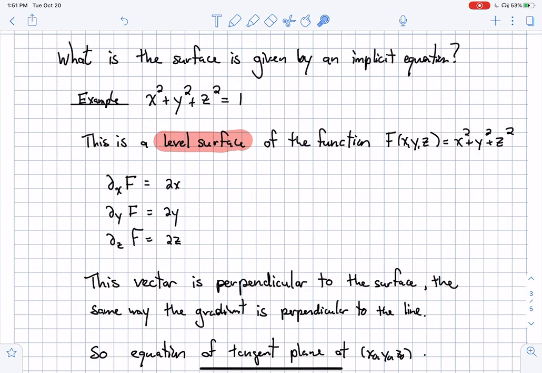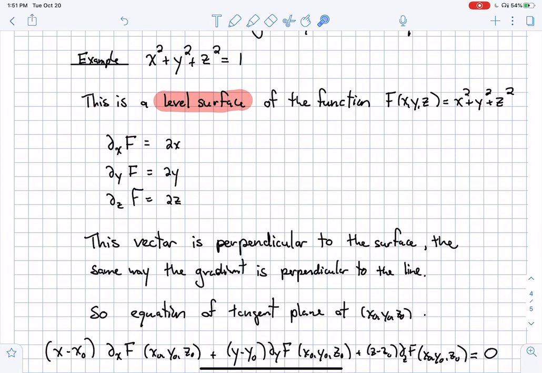And therefore, this is a function of three inputs, and I can take the gradient. I just have three derivatives. So I get 2x, 2y, 2z when I do the partial derivatives. And it turns out, and this you have to accept at this point, that this vector is perpendicular to the surface. So that gives me the direction of the normal vector, exactly like the gradient is perpendicular to the level lines.